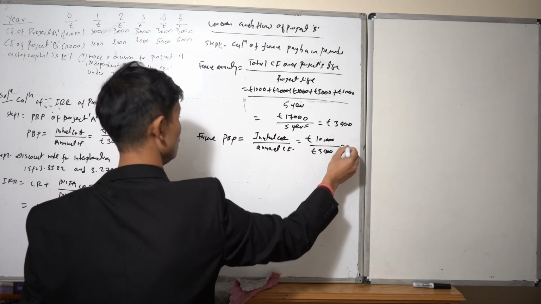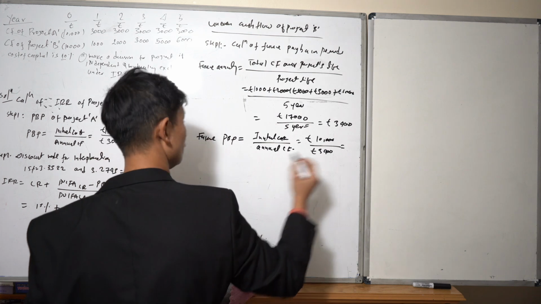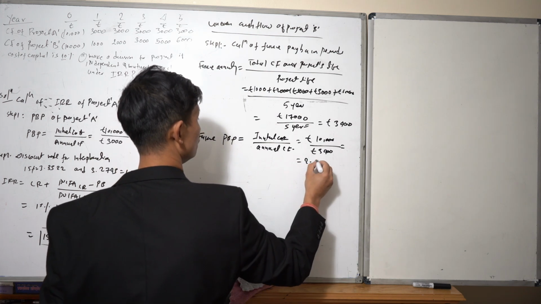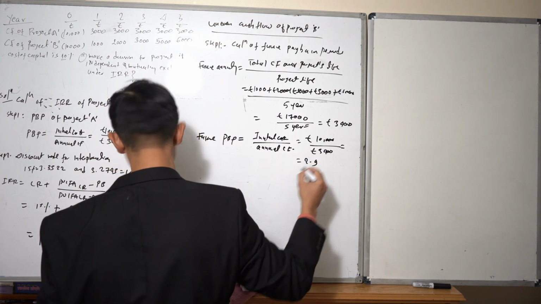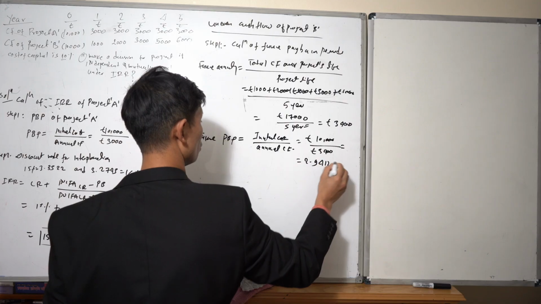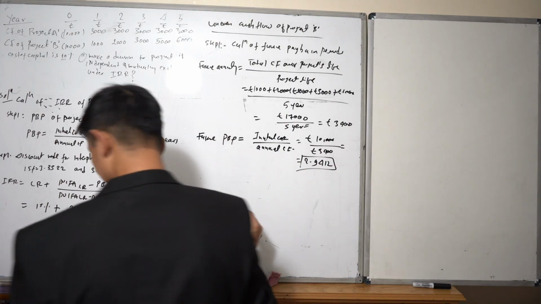In this way we get the fake payback period of 2.9412.